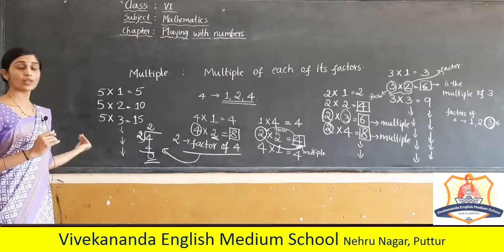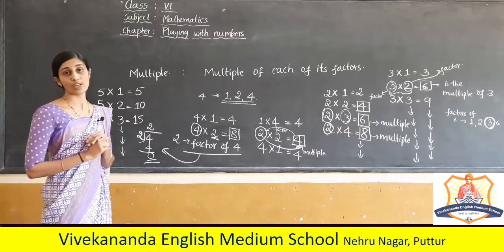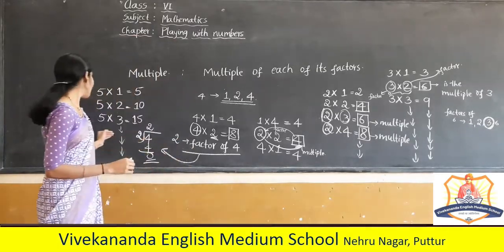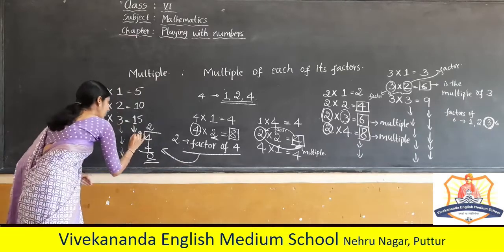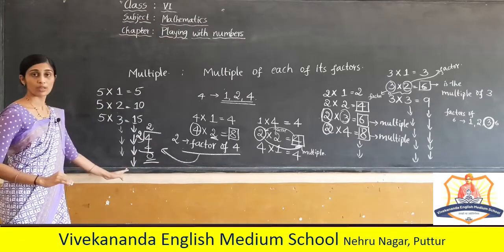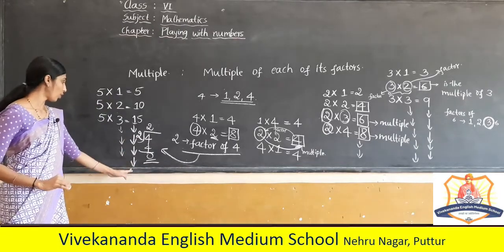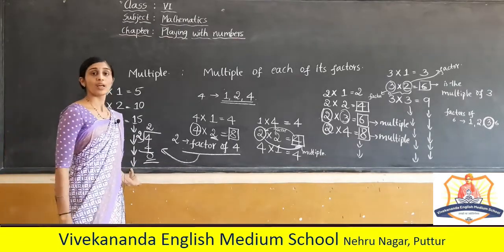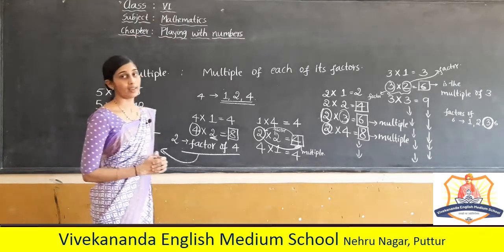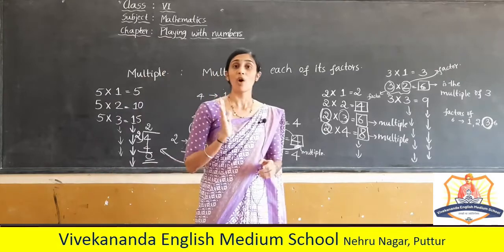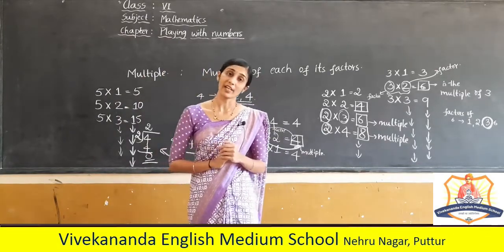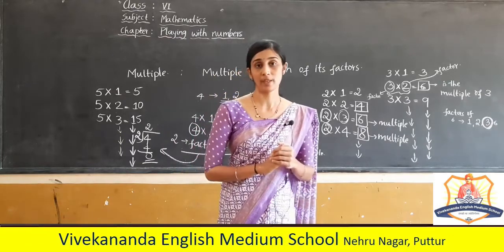You know the fact that natural numbers are infinite. Right? So, in the same way, the multiples also go on to infinity. So, we can say that multiples of any given number are infinite, that is uncountable.